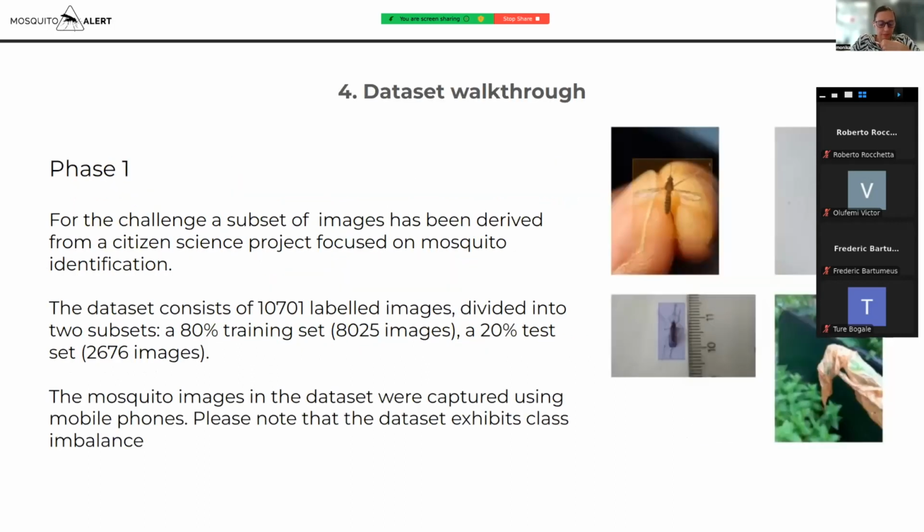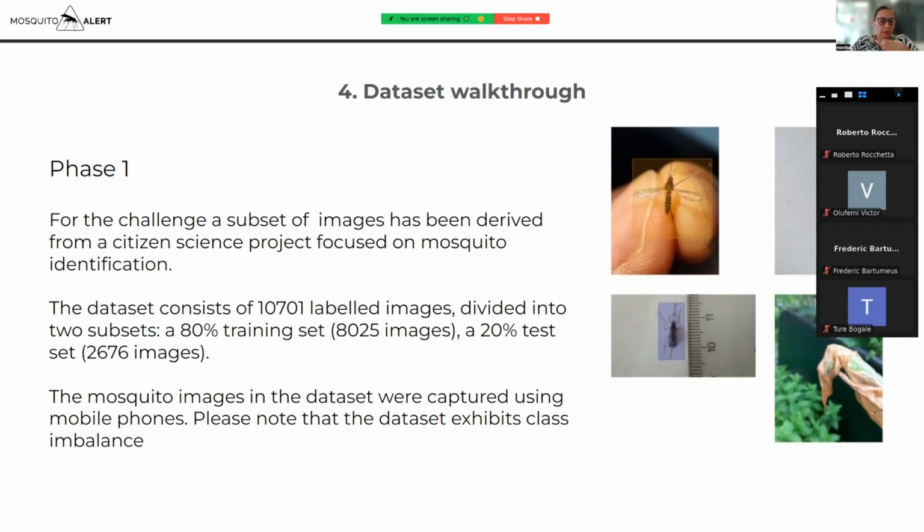And I will talk about the data set now. The first phase, which already finished, was a subset of the images which we have. It was 10,701 images with labels.